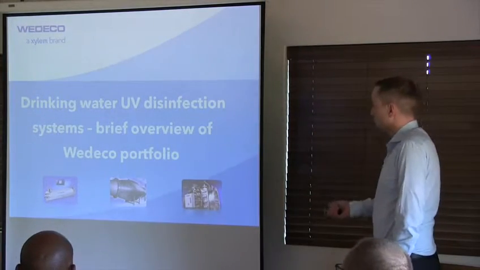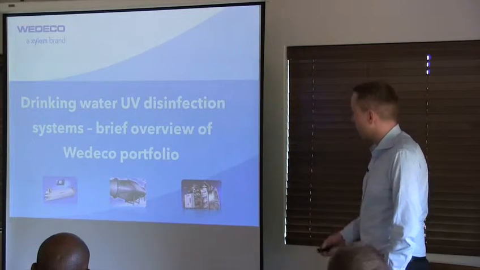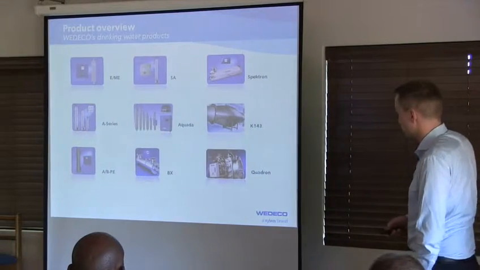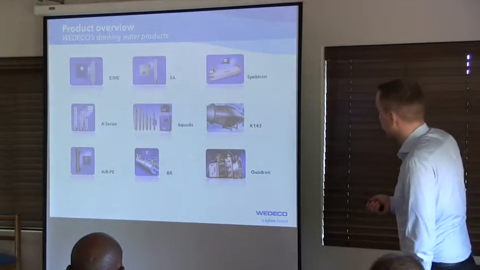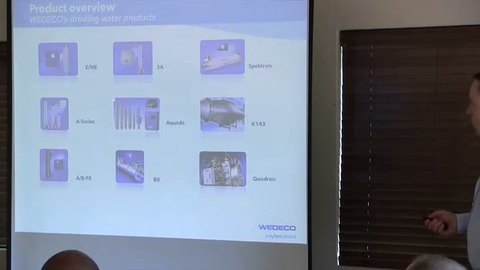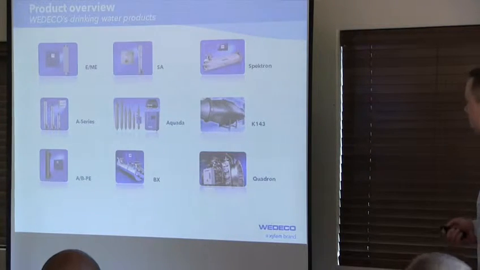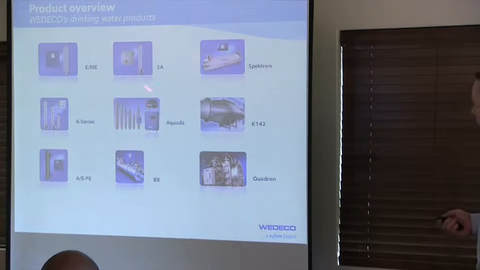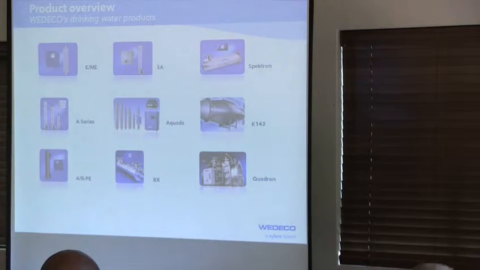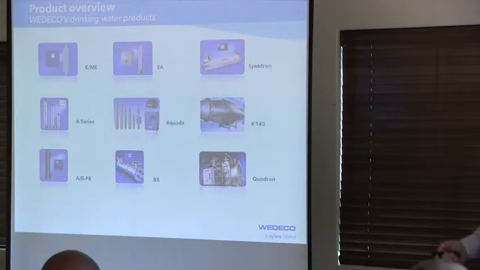So I want to give you first a brief overview of our total portfolio of UV systems, and I would like to go from the smallest to the biggest. The smallest one would be the Aquata series. All of those units are designed for low flows of only a few cubic meters per hour.